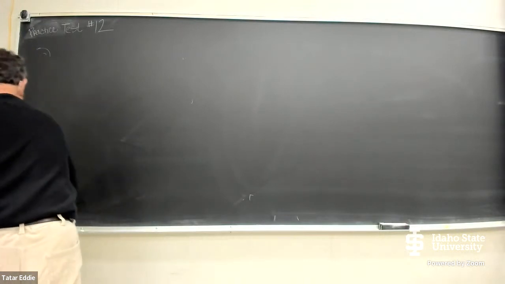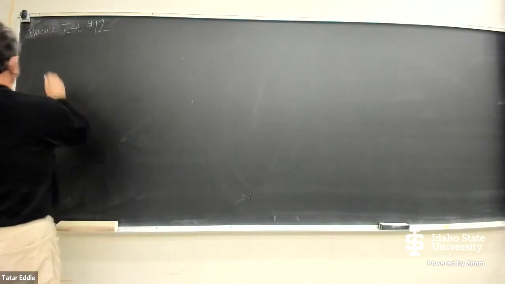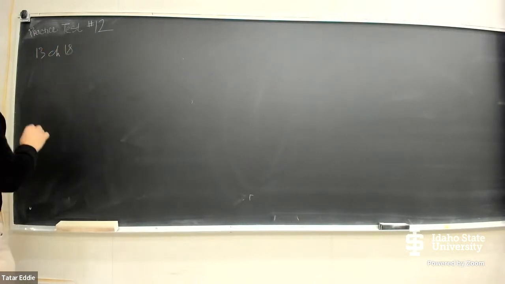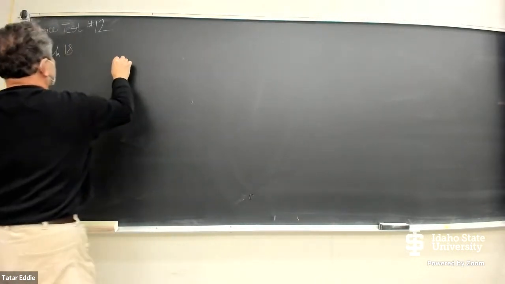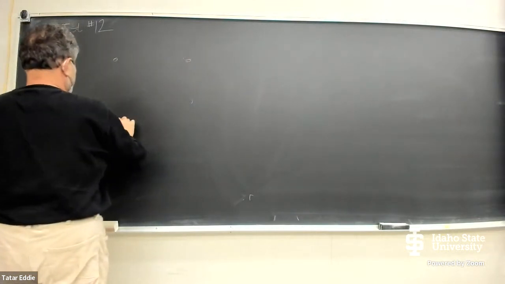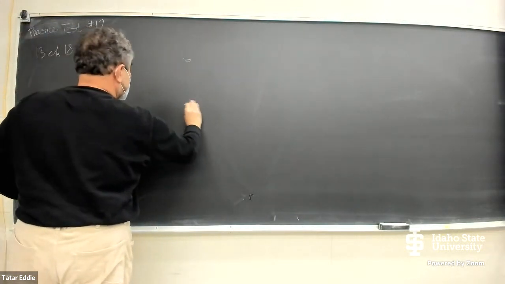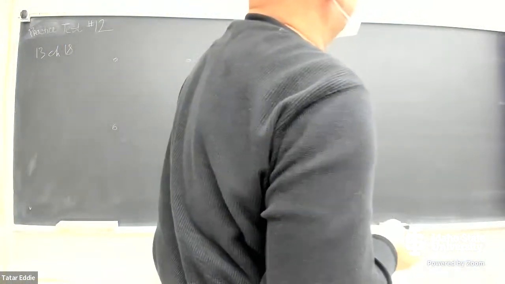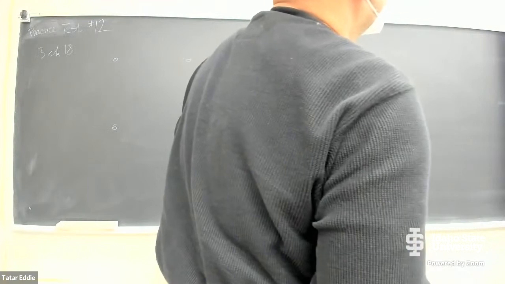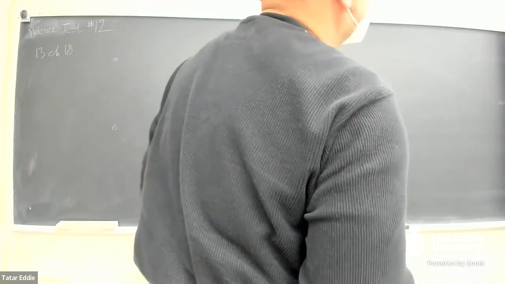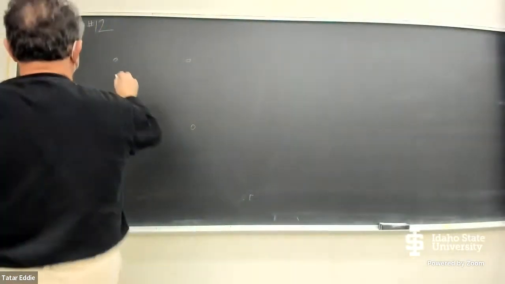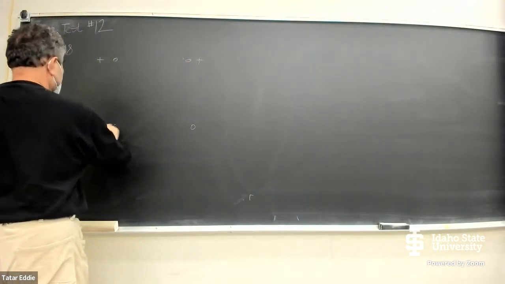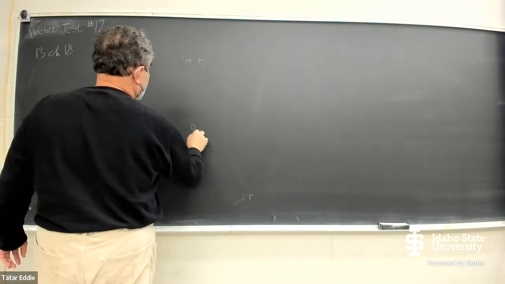So here it is, problem number 13, chapter 18. Here is the square, and they say the same magnitude of the charge, but three of them positive, let's say plus, plus, plus, and let's say this one is negative.